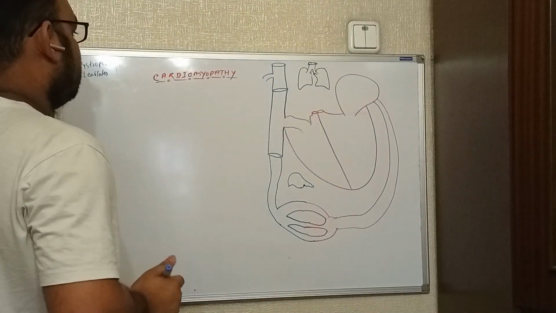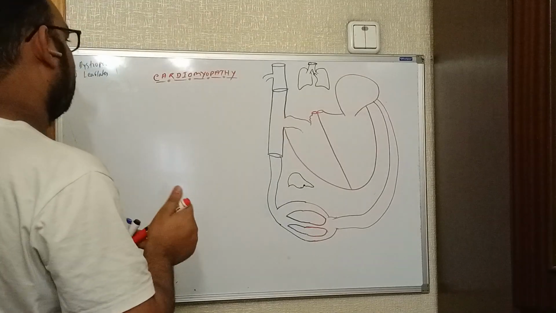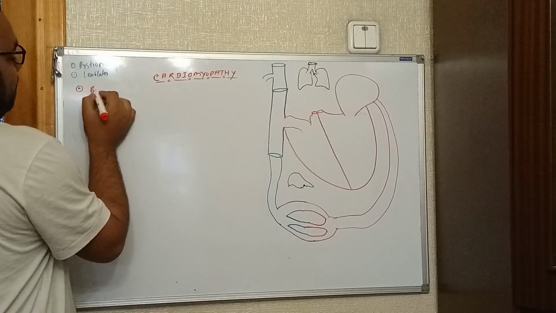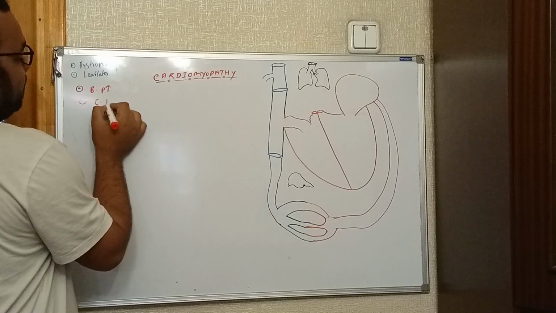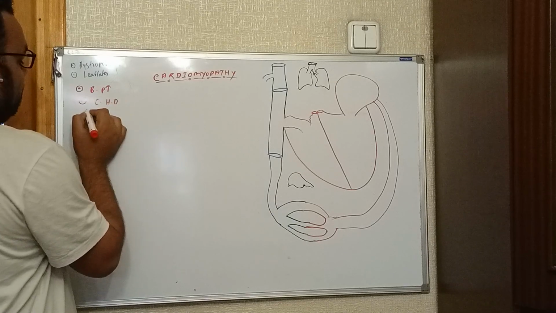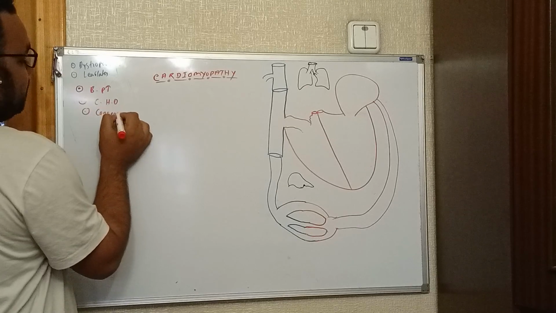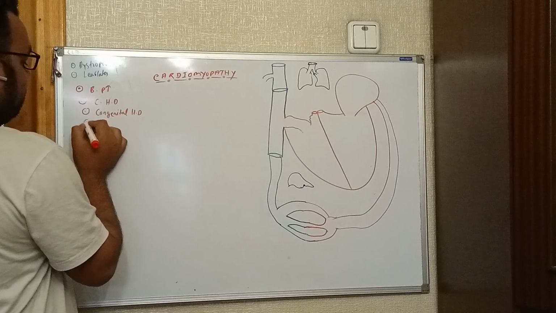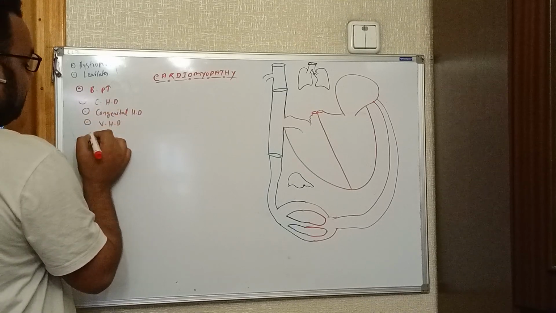Okay. So before starting the topic, let me just tell you something that you can write down here: the high blood pressures, coronary heart disease, the congenital heart disease, and the valvular heart disease and the inflammations.